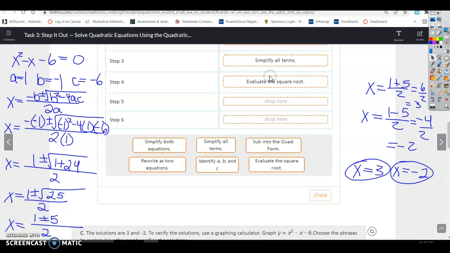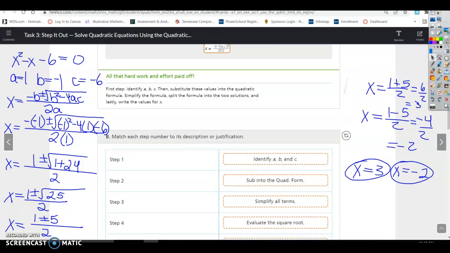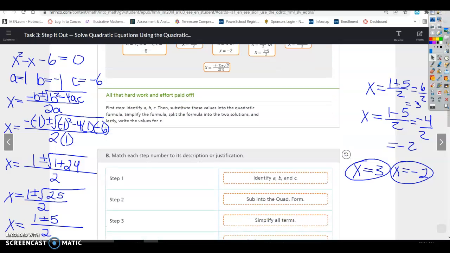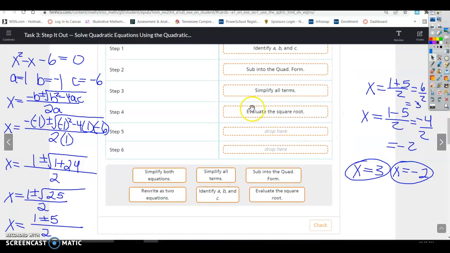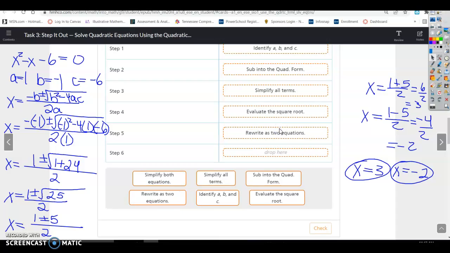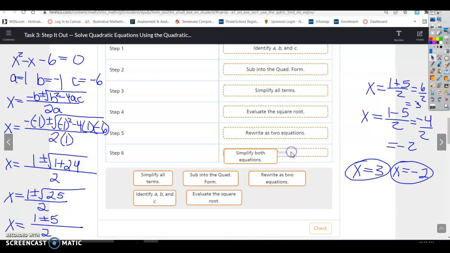So that would be this one. And then step 5, after evaluating the radical, we set it into 2 equations. Rewrite as 2 equations. And then simplify both equations.